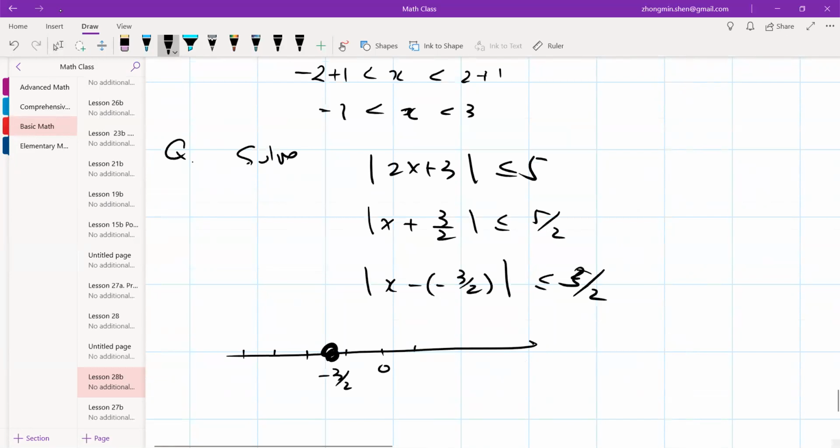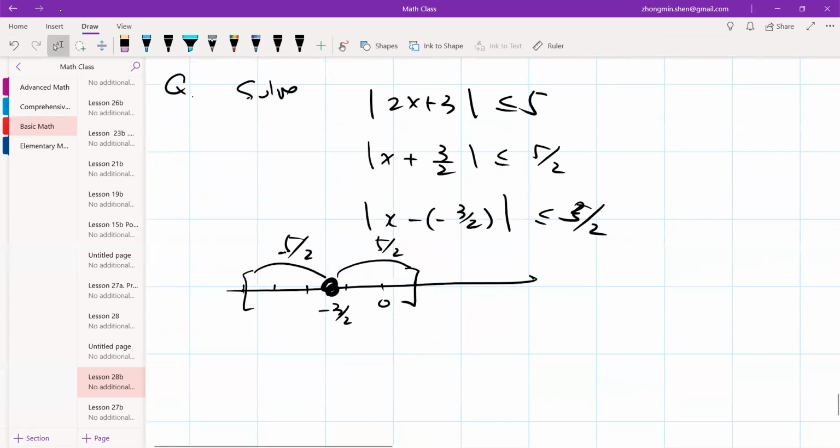I think it's somewhere here like that. Okay, so the distance here is 5 over 2, 5 over 2. That's one way to solve the inequality, okay?